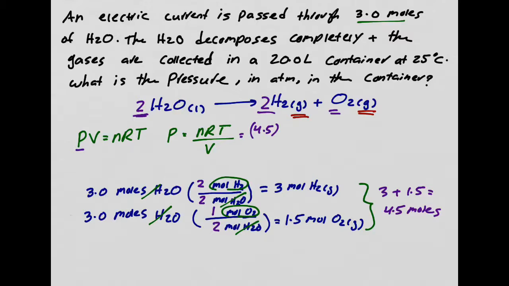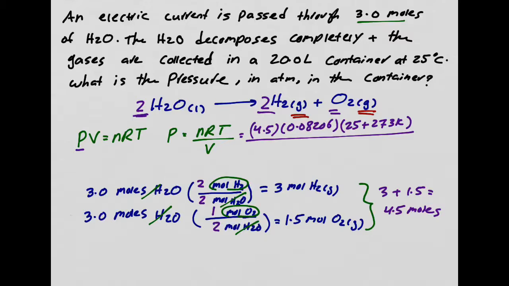You follow that? Again, the question asks what is the pressure in the container, and in this container you have 2 gases, so I'm going to add up the moles of those 2 gases. Okay. Now, R is 0.08206. The temperature is 25, but don't forget units, I need to add 273.